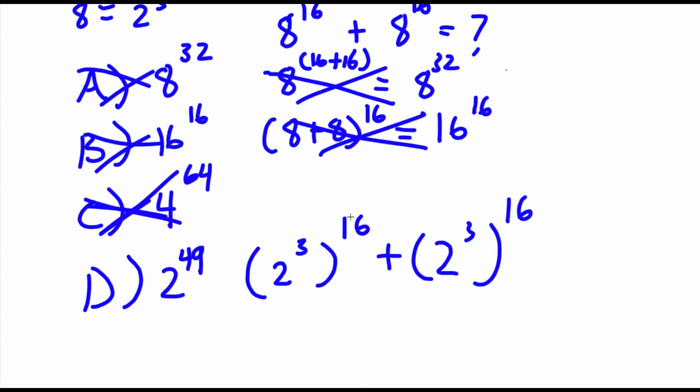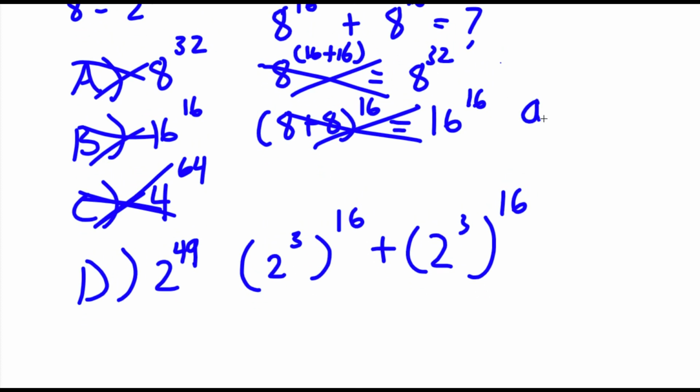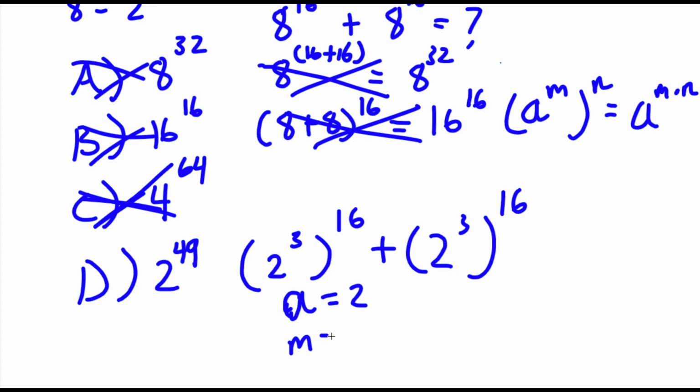Now, if I have something in the form a to the power of m to the power of n, this is equal to a to the power of m times n. So right here, we can think of a as 2, m as 3, and n as 16.